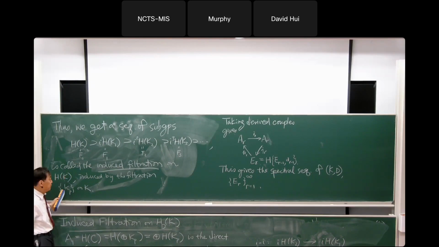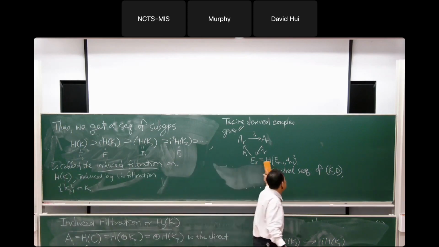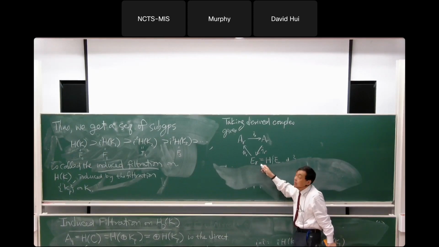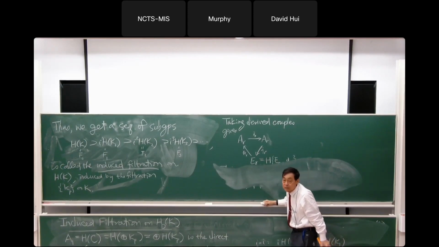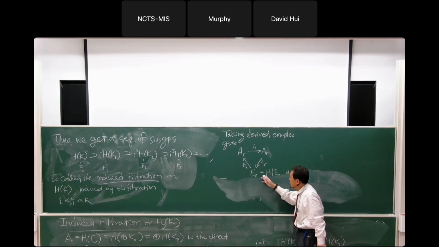K is a filtered complex. It comes with this filtration K_P. And now we see that there is naturally a filtration on the cohomology. And so this spectral sequence that we get from all the derived couples eventually stabilizes.